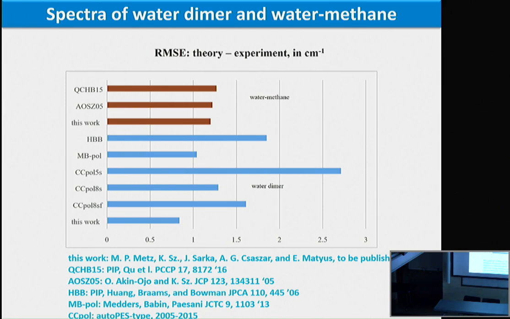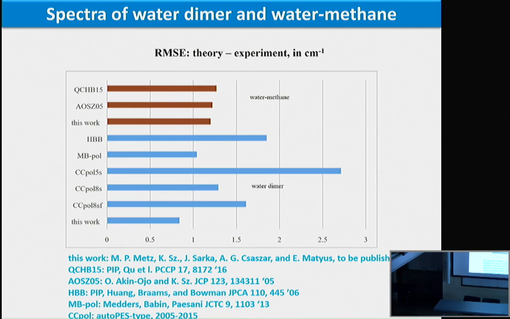Those are rigid potentials, and what I show here is the root mean square deviation of theory from experiment. There are a large number of spectral lines available. The spectral calculations were full exact quantum dynamics, so very little error is introduced there. What is interesting is that, by accident, the RMSE of our current calculations, both for water dimer and the other system, is smallest.